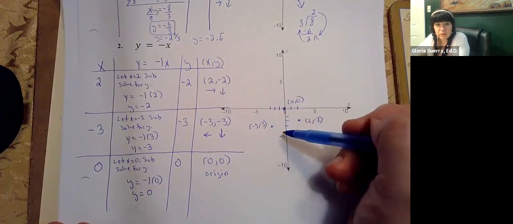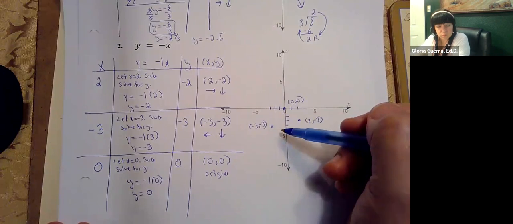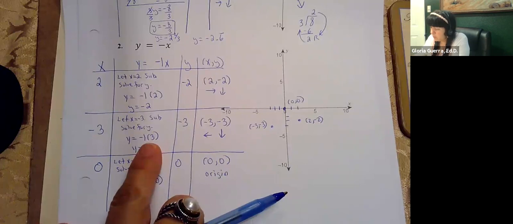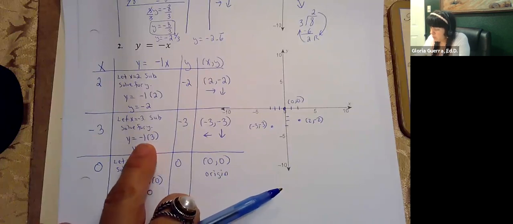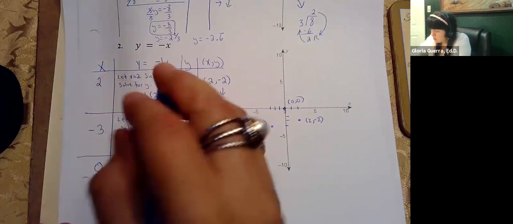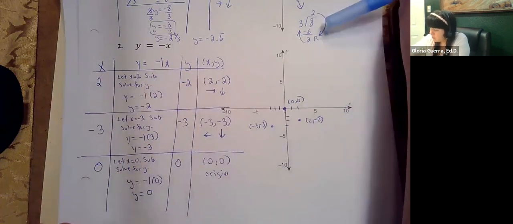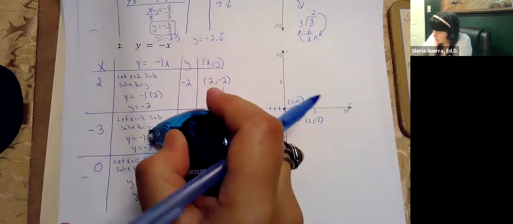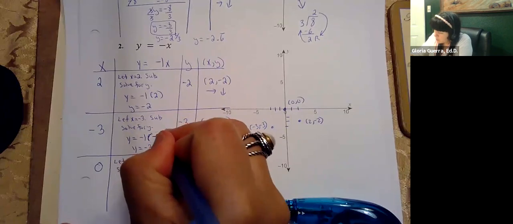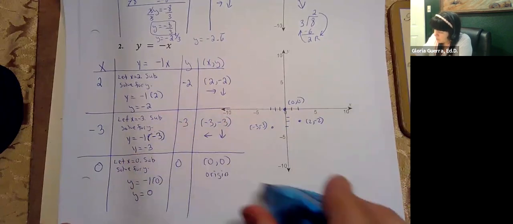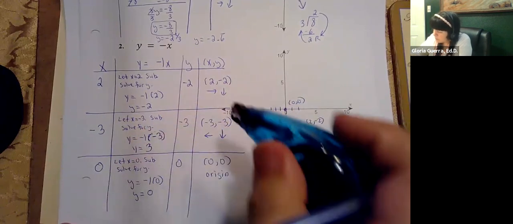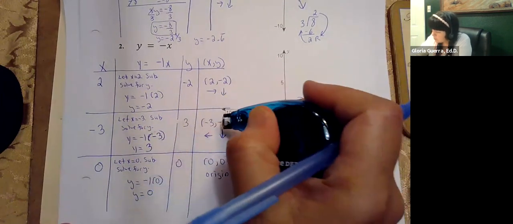One of these is off. I think it's this one, right? X is -3, and -1 times -3 is +3.